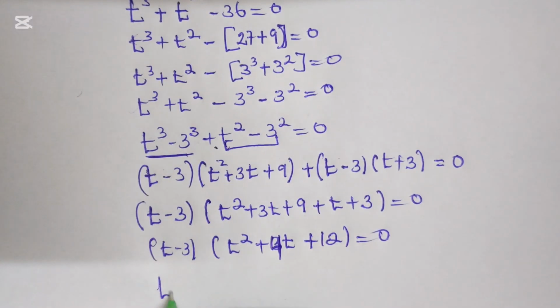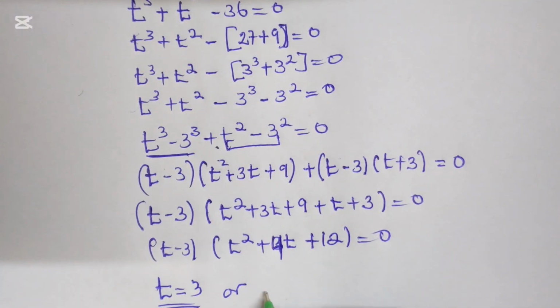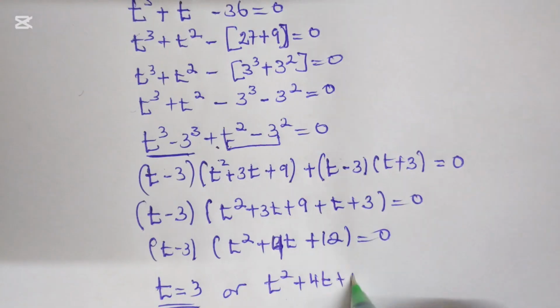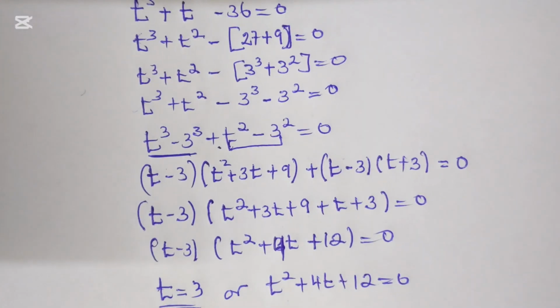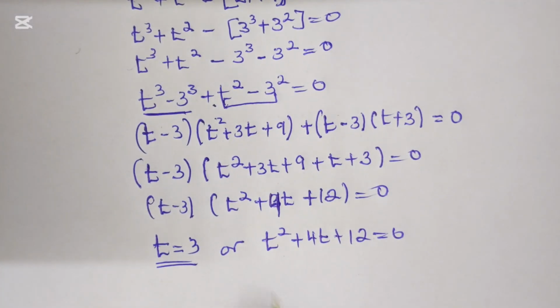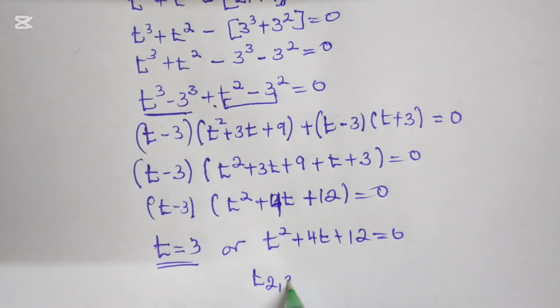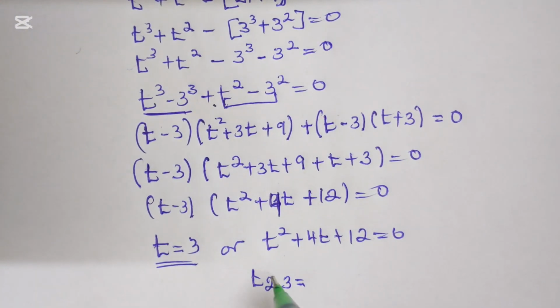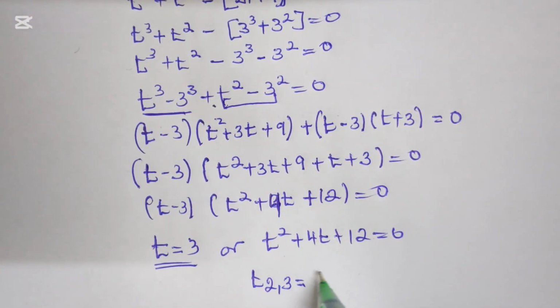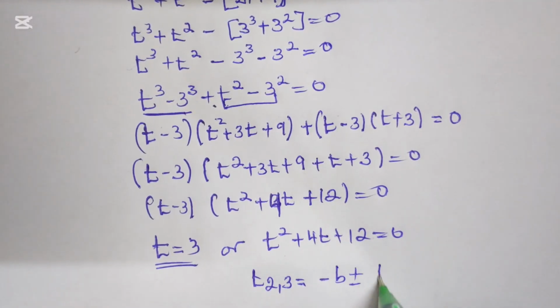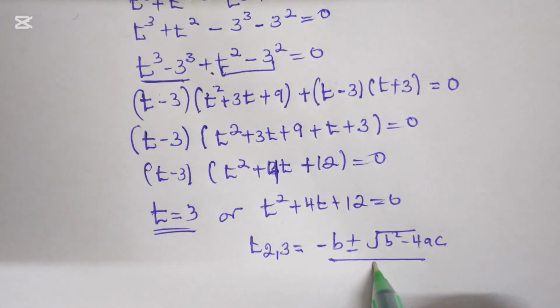Then t equals 3, or t squared plus 4t plus 12 equals 0, and this is a quadratic equation, where t2 and t3 will be given by the formula: negative b plus or minus the square root of b squared minus 4ac, over 2a.